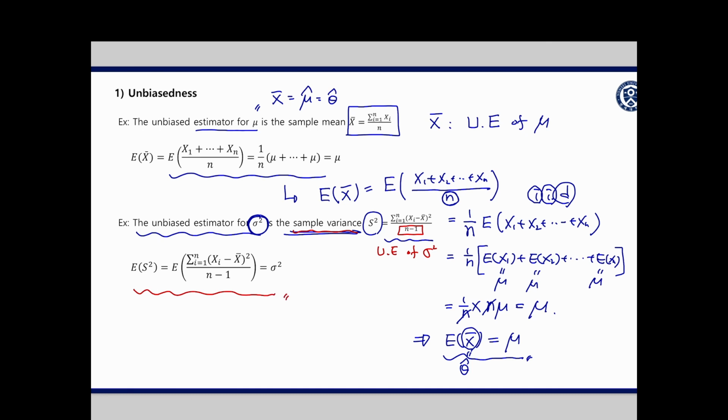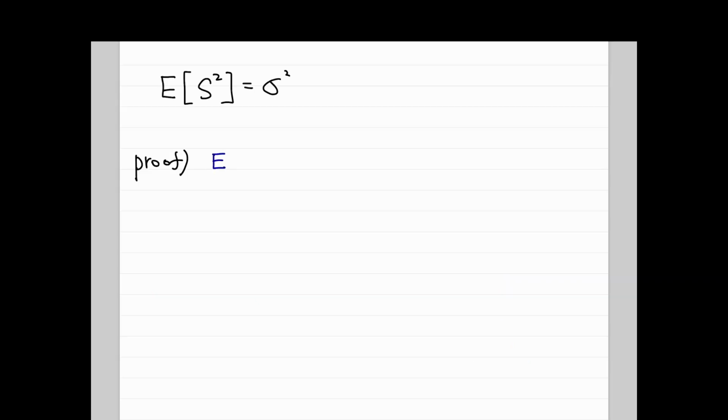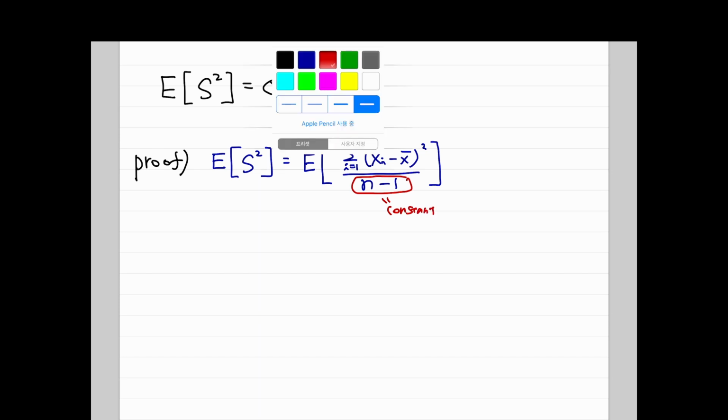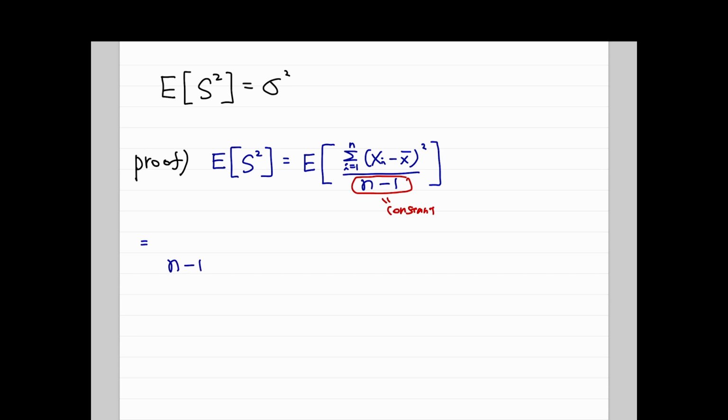So now I will try to prove this in detail. The expected value of the sample variance equals this. It is a constant, like this.